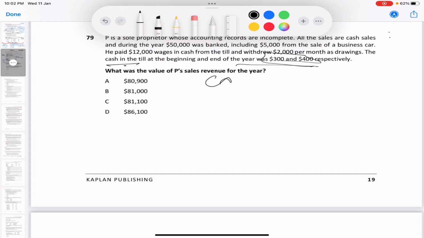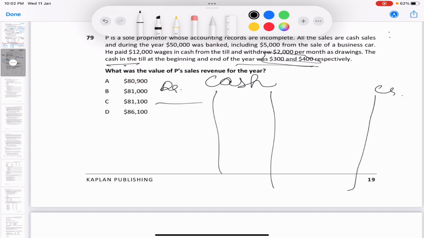So in that case we will make a cash account, debit side, credit side. Don't worry, whenever you see a question like this, just make the account. And what is the balance of cash? Cash is an asset, so cash has a debit balance, which means if cash increases, I will debit. If cash reduces, I will credit. Why?